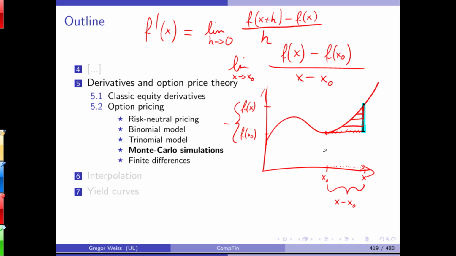The slope of the tangent line at this point here. That's the differential quotient. That's the first derivative.